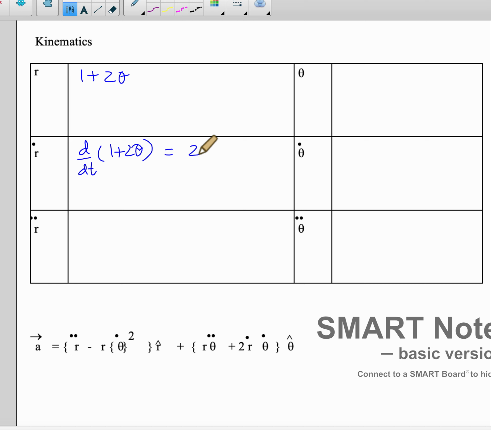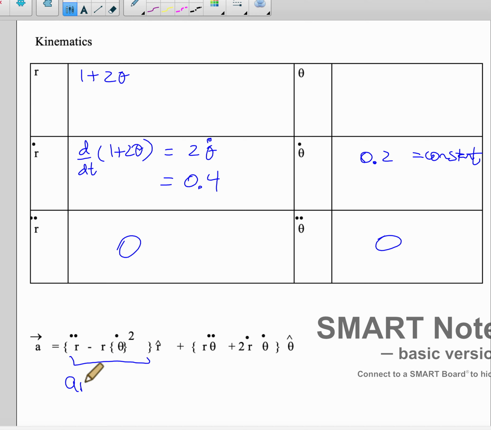That's just going to be twice theta dot. Now, theta dot, sorry, there is no complication in this problem. It's a constant. So twice theta dot is just 0.4, not changing, so r double dot is 0, theta double dot is 0, and we quickly wind our way through the kinematics.